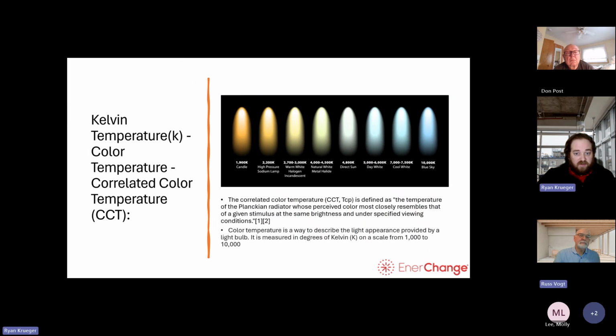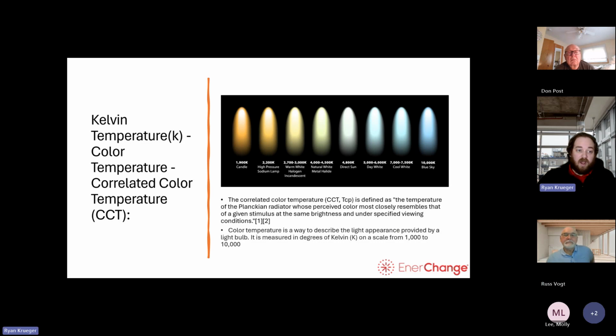And then the next building block is Kelvin temperature, also referred to as color temperature, also referred to as correlated color temperature. So it's three different titles that all technically mean the same thing.